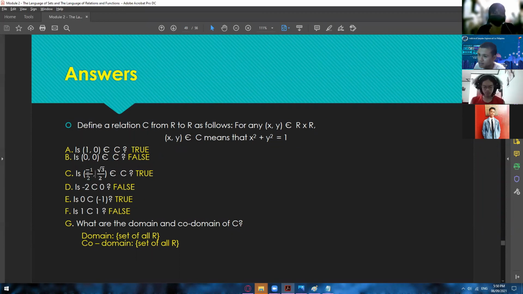This is the x value, and this is the y value. I think this is true, I checked this already. As long as the result is equal to 1. So just verify this one using your calculator.